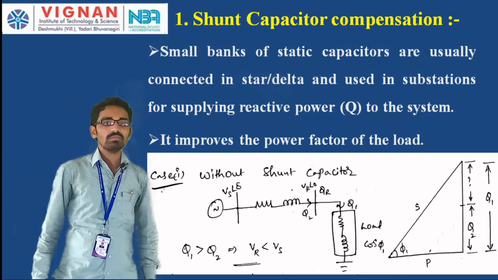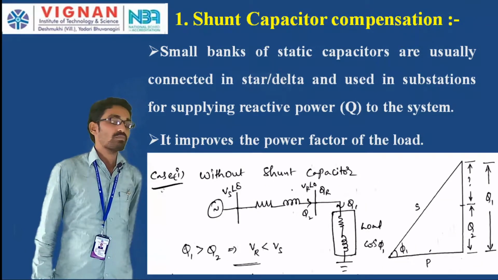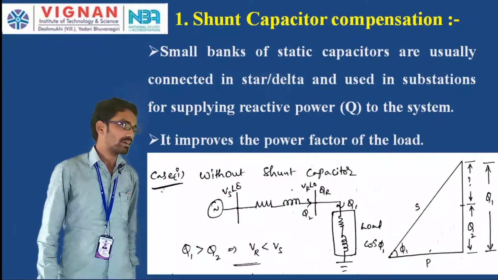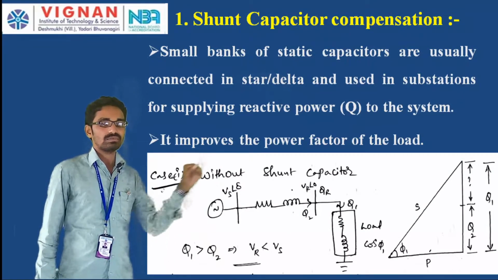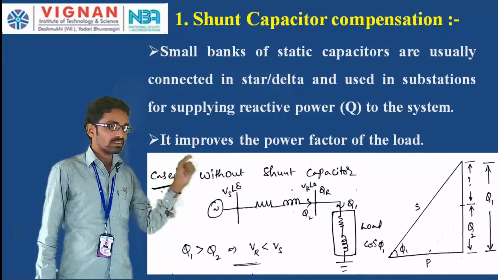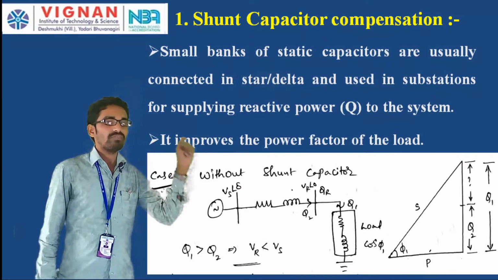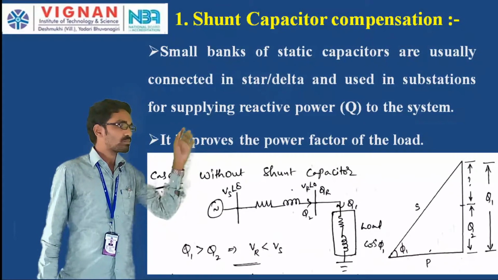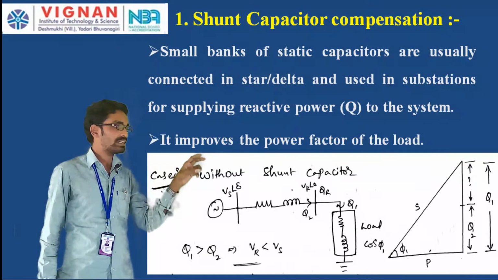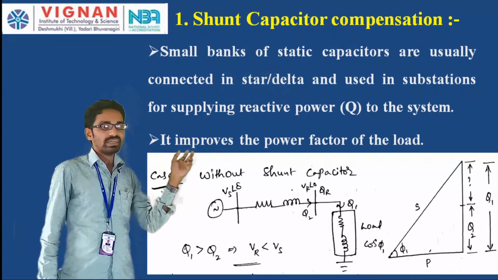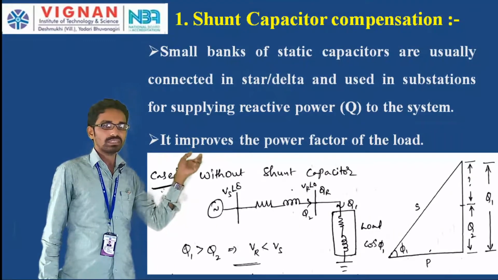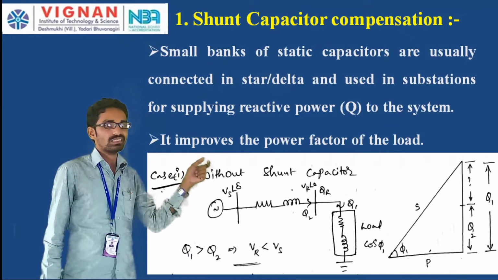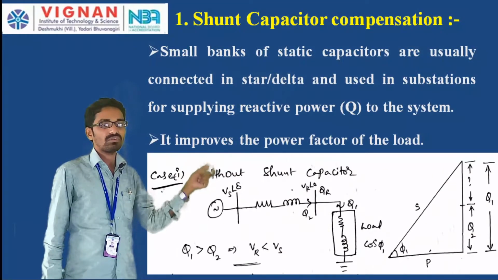In this shunt capacitor compensation, small banks of shunt capacitors are connected in star or delta, which are used at substations. These are going to be used at the substations for supplying the reactive power to the system. We are going to connect the small banks of capacitors in shunt at the receiving end.